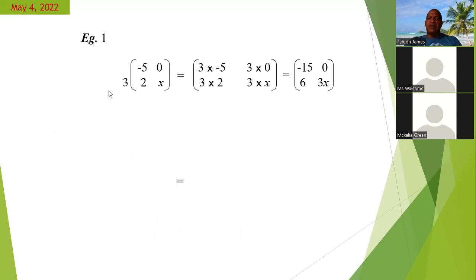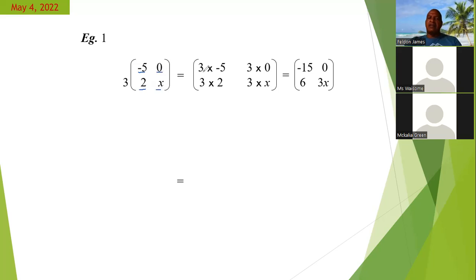So whatever we have outside the matrix, so we have the number 3 outside the matrix, this is the scalar. And so when we are multiplying, we multiply each of these elements in the matrix by 3.